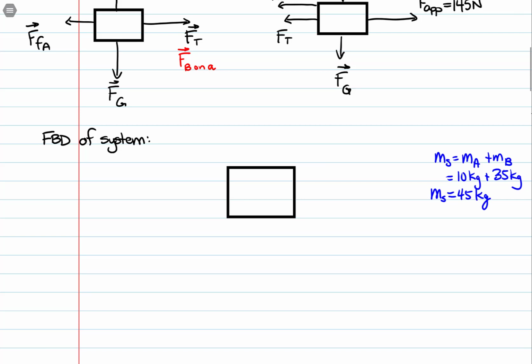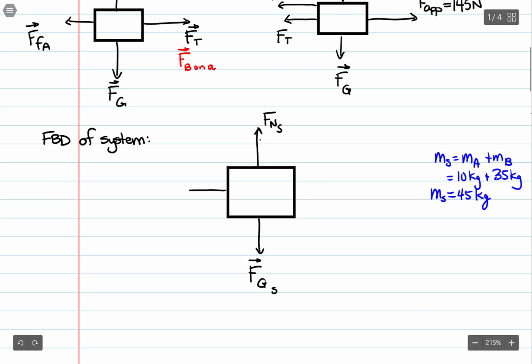Okay, so we have to ask ourselves, well, the fact that there's mass means that it's going to be attracted to the center of Earth, so there will be a force of gravity acting on it. Now, because it's in contact with a surface, we get a normal force. And I'm going to use the subscript S to represent that we are dealing with a system here. There's going to be a friction acting towards the left, and I'm going to call that the friction of the system.